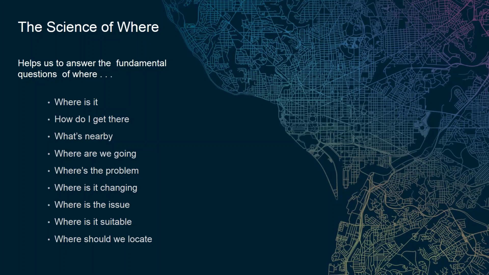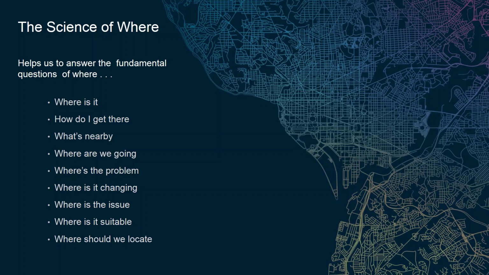Today's technology advances mean that we can do things with geography now that weren't possible just a few years ago. It all begins with answering the fundamental questions of where. Where's the problem? Where is it changing? Where should we locate a resource?